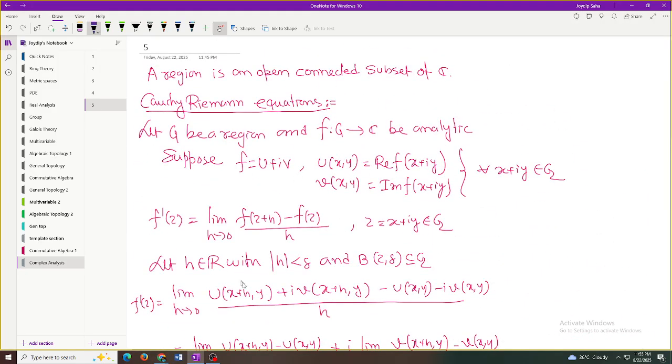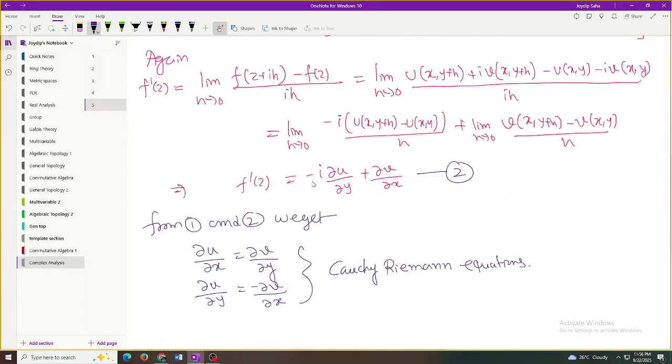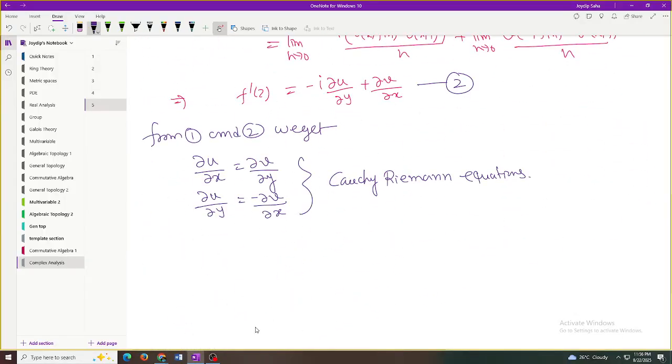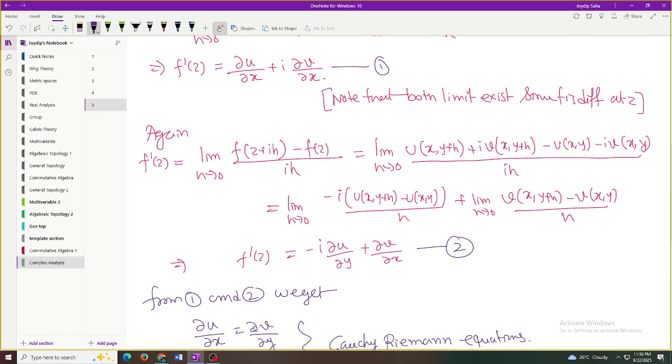Connectedness is not needed for this part, but for the converse part we will need the mean value theorem and connectedness. If you have any question, please ask me. The converse part is very long, so next day I will do it.